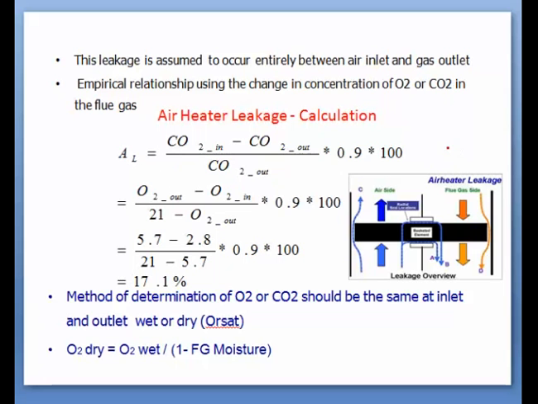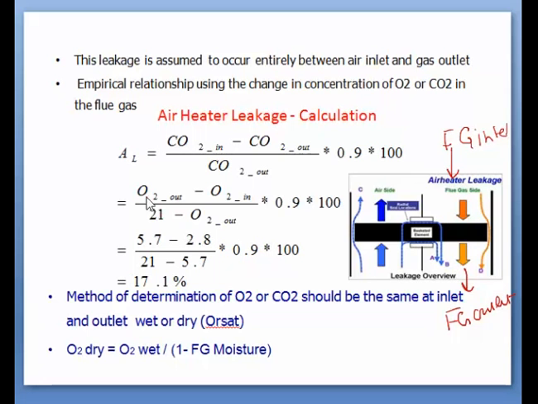So this is flue gas inlet, flue gas outlet. Definitely because of short circuiting, the air will leak through the seals and it will directly reach the flue gas, and hence the percentage of oxygen at outlet in flue gas will increase in comparison with the percentage of oxygen at inlet.